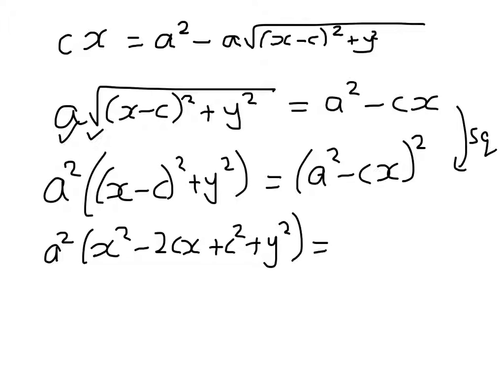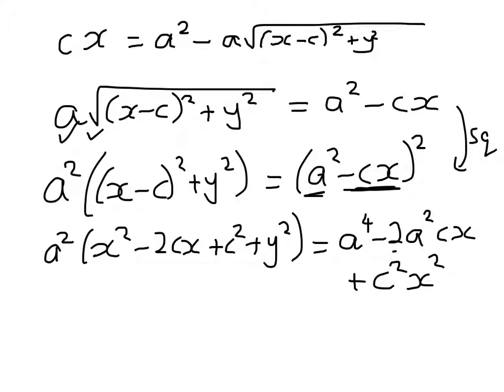And that equals a to the power of 4 minus 2a squared cx. Right, so 2 times this plus c squared x squared. Right, so let's expand out the left-hand side and then we can knock some things out.